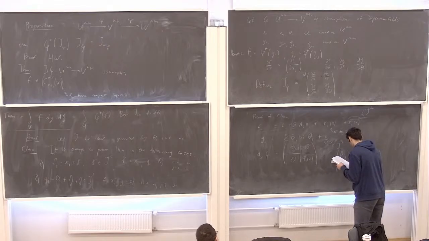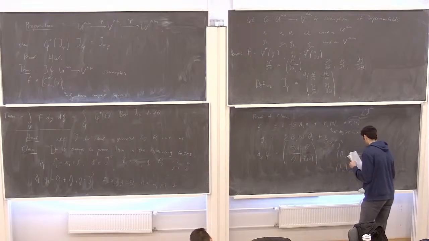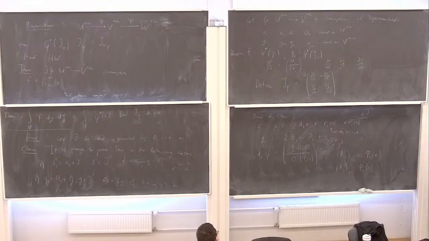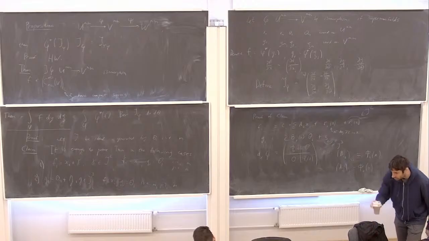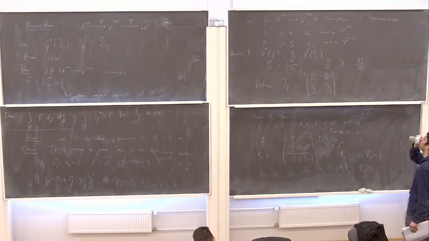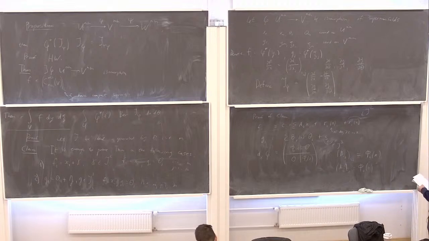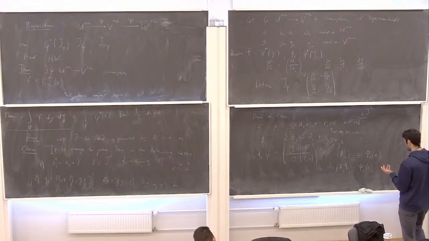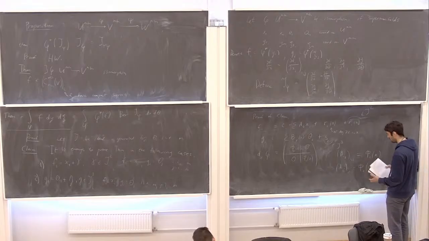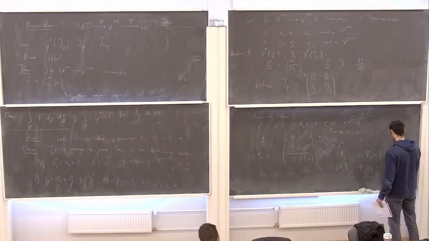So this is just phi_0, but of 0. All right. And so at each point phi_0 and phi_1 are invertible. So this is invertible, and this is invertible.